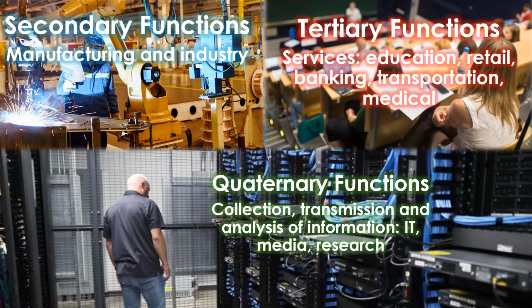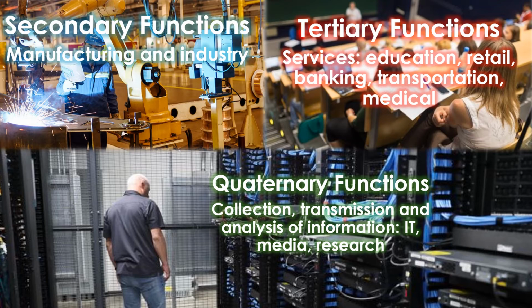Now, we need to brush up a bit on some of the functions found in our cities. In rural geography, we learned that rural areas mostly have primary activities taking place. In urban areas, we have secondary, tertiary, and quaternary activities, or functions, taking place, and usually it's a combination of all of these.